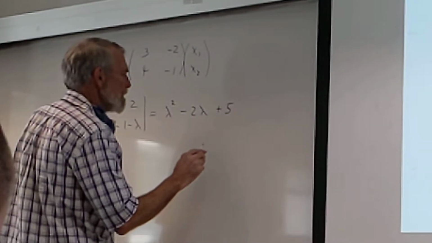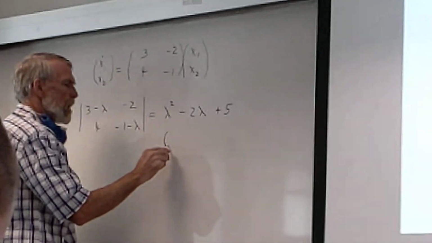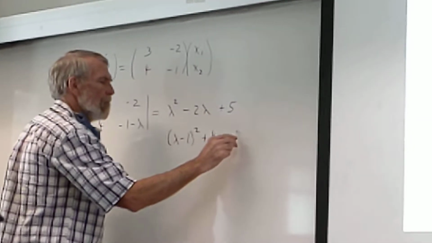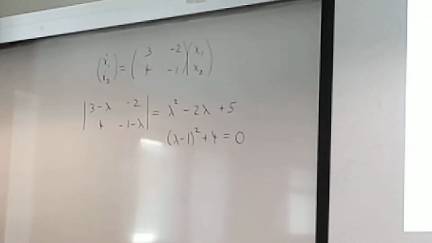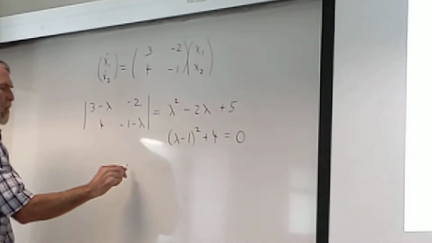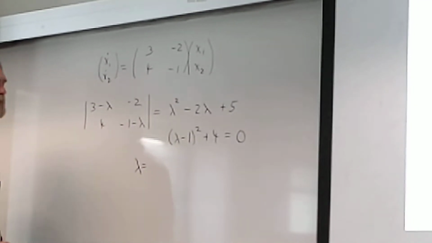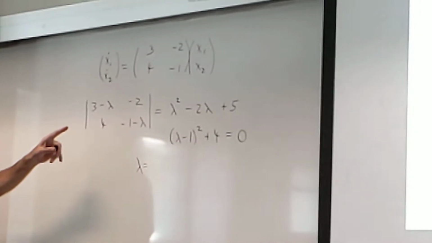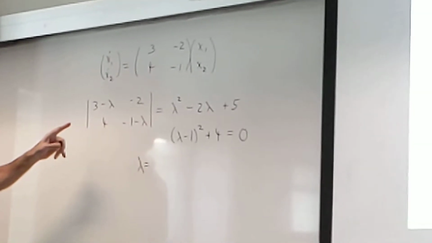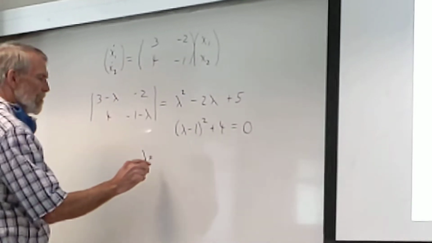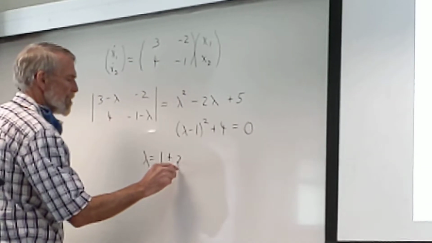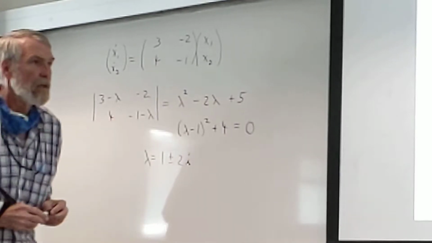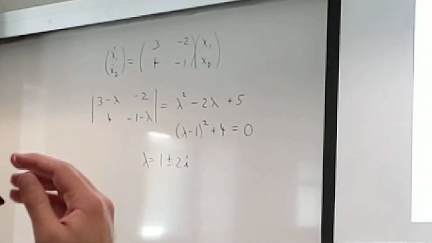All right. Let's do completing the square. So what is my lambda equal to? One plus or minus 2i. Okay. All right. So now let's just go over here.